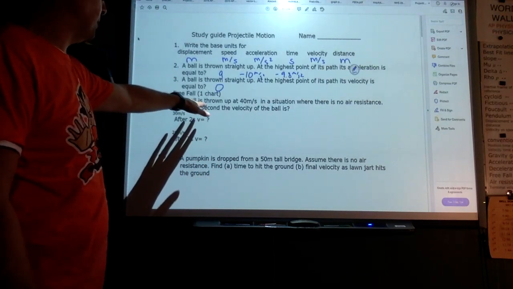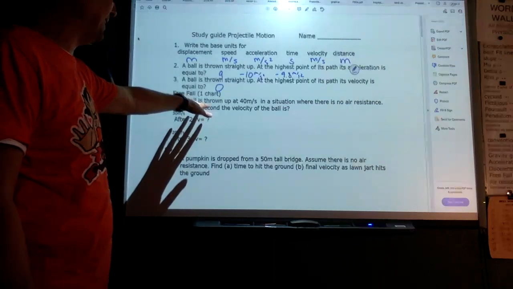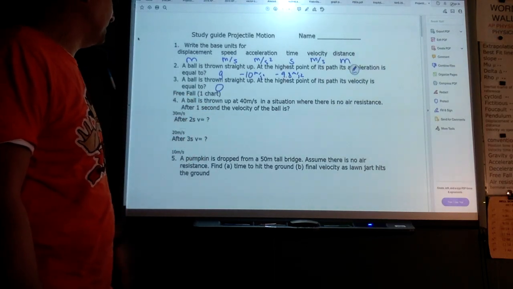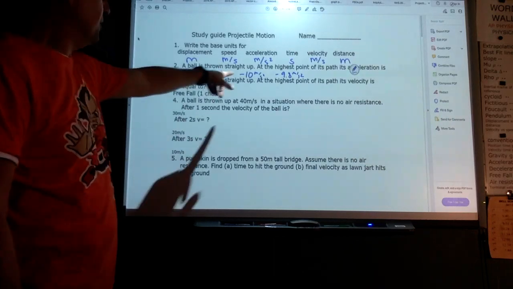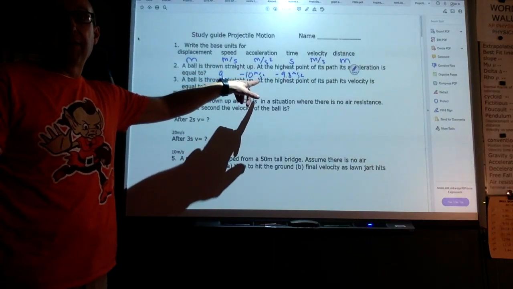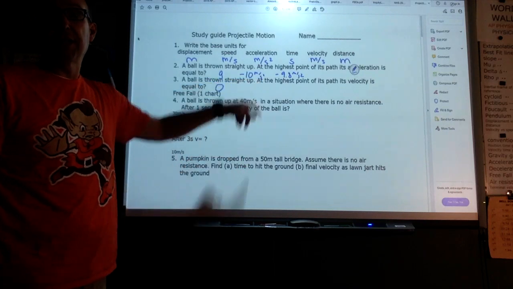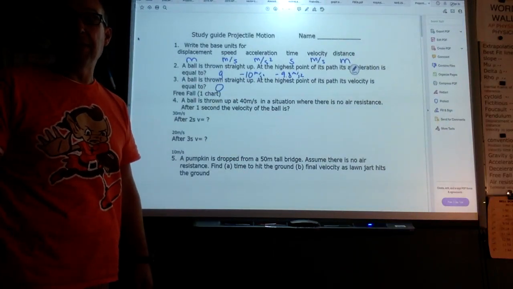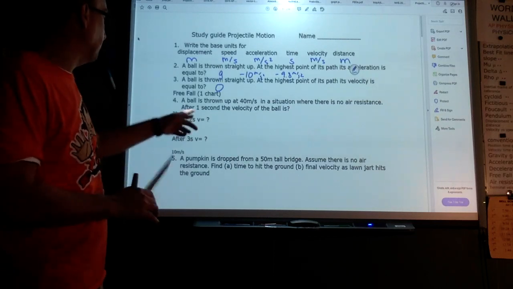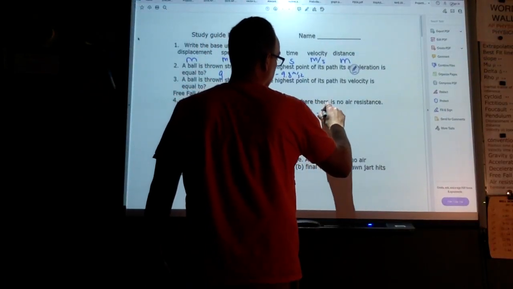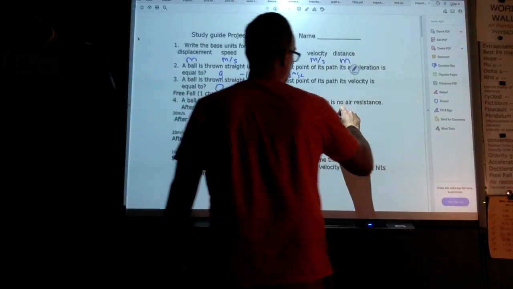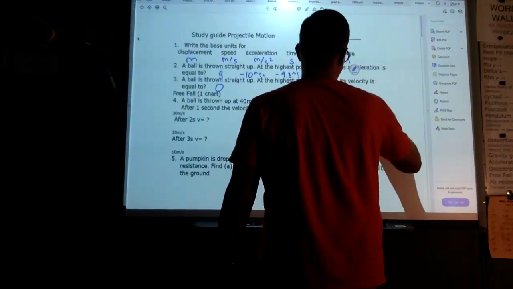A ball is thrown up at 40 meters per second in a situation where there's no air resistance. After 1 second, what is the velocity of the ball? This acceleration tells you how that velocity is going to change. It's going to change by negative 10 meters per second every second. So if it starts at 40, after 1 second, it's going to be going 40 minus 10 or 30.